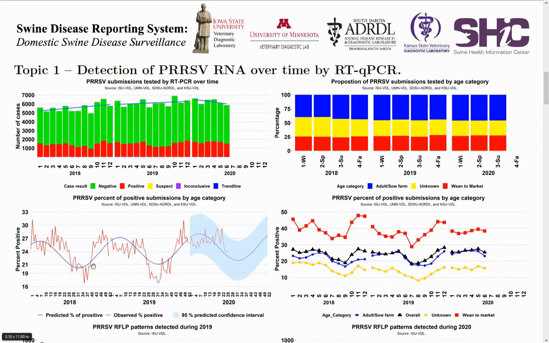The second option is that new strains of the agent may have emerged, and the current testing techniques in place need to be refined to detect those strains. And the third and undesirable one is that if we are seeing less detection, this may indicate that a new emerging epidemic agent has entered the herd.